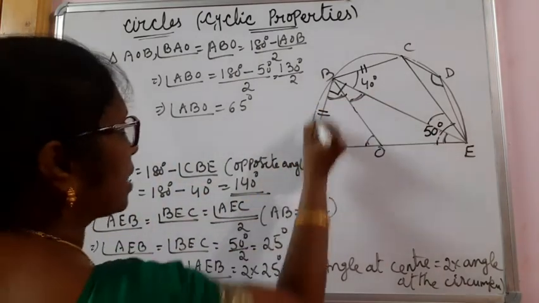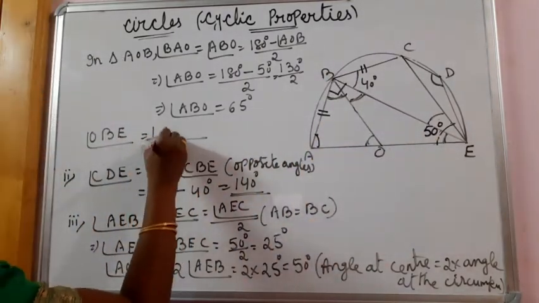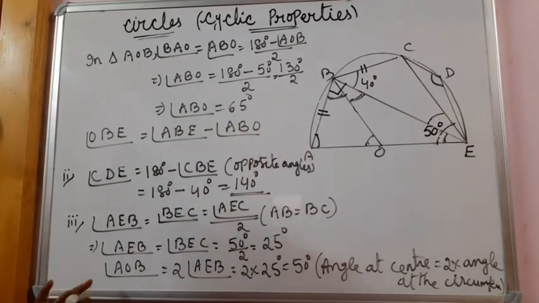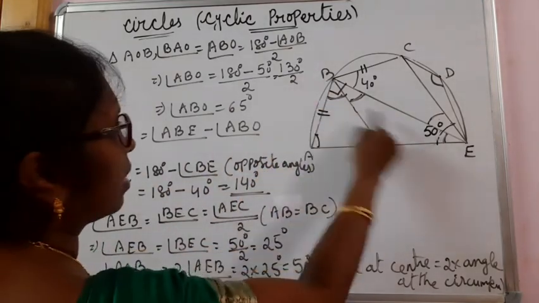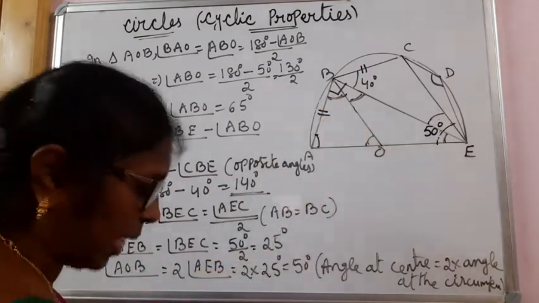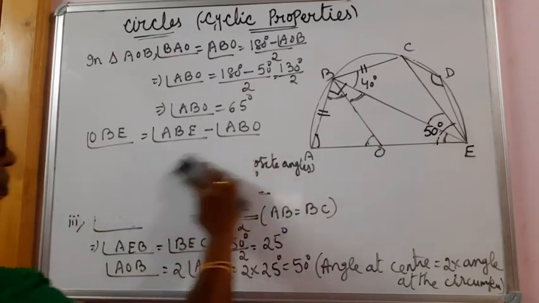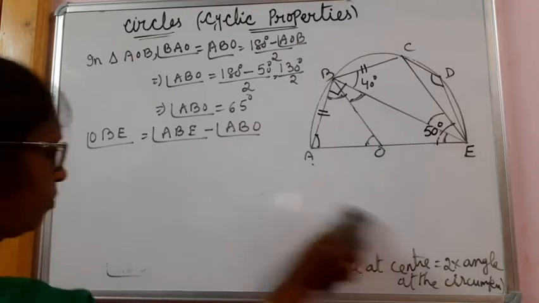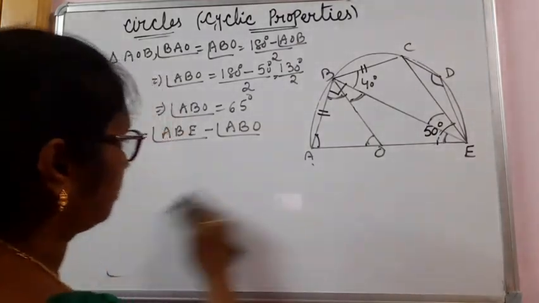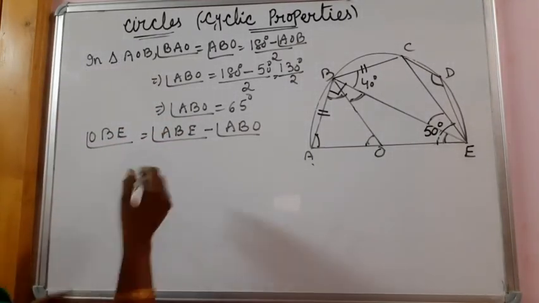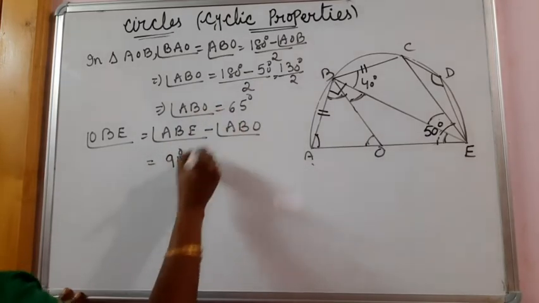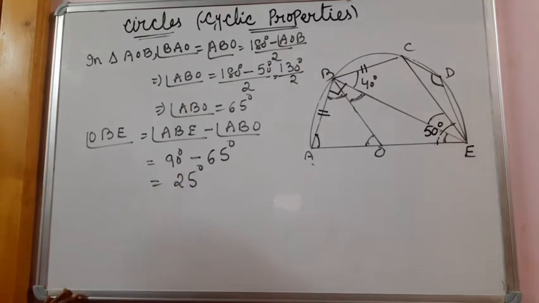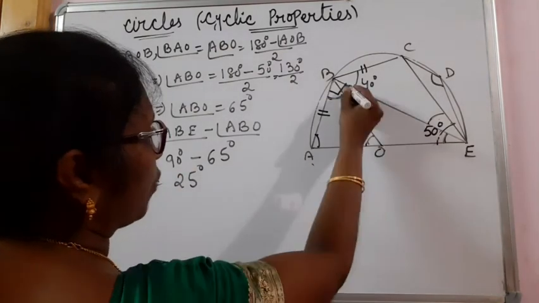Angle OBE is angle ABE minus angle ABO. Angle ABE, the angle in a semicircle, is 90 degrees. Already we have done that. So angle ABE is 90 degrees. Now angle ABO we got as 65 degrees, so that equals 25 degrees. So angle OBE is 25 degrees.